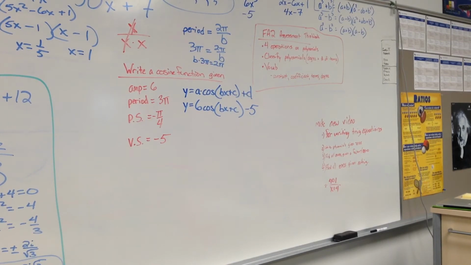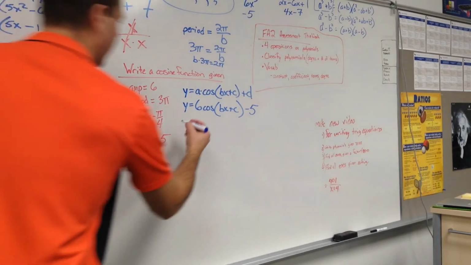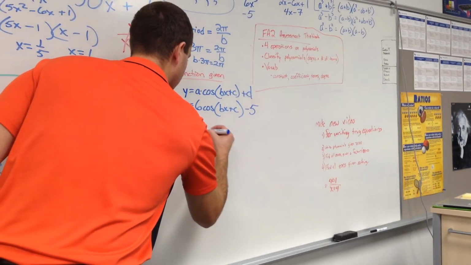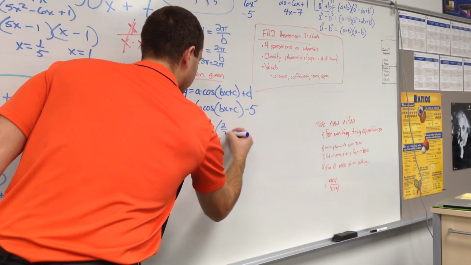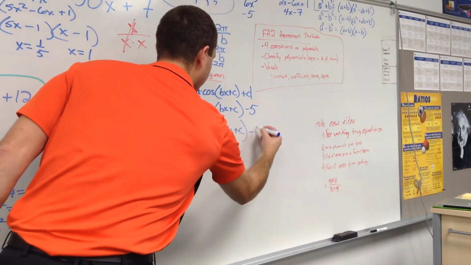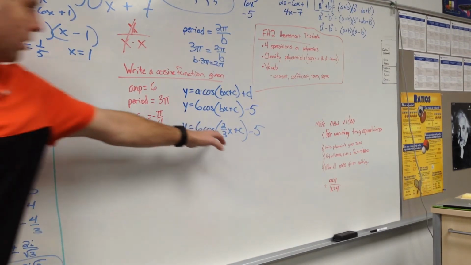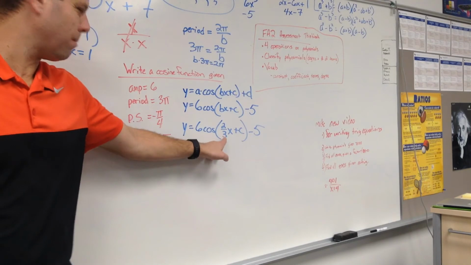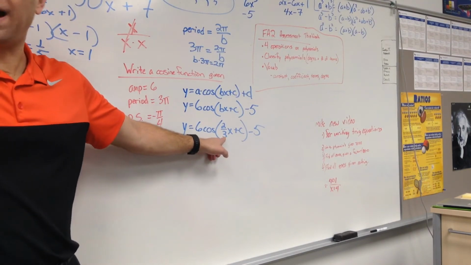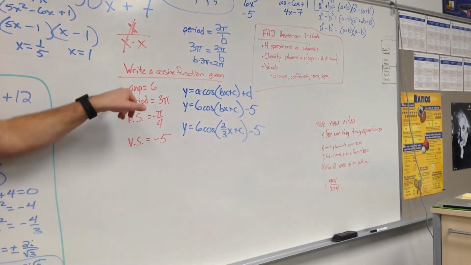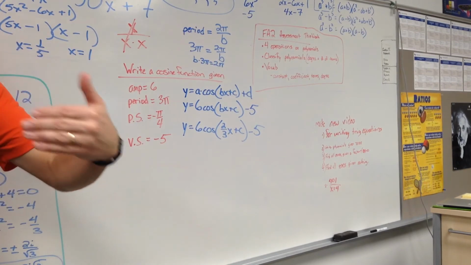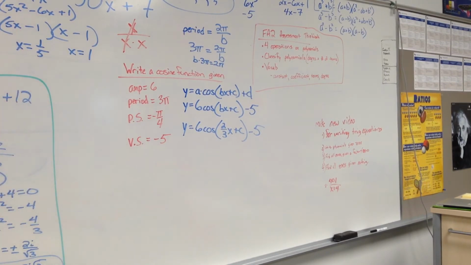Yes, no? So now I know that my b value is 2/3. You with me? Check your answer if you want. 2 pi divided by 2/3 will give you 3 pi. So you're working backwards to check your work.